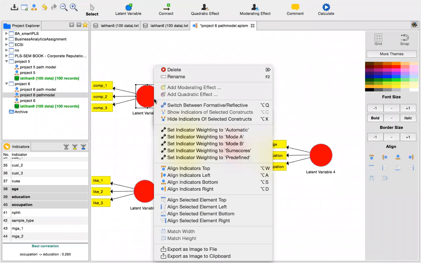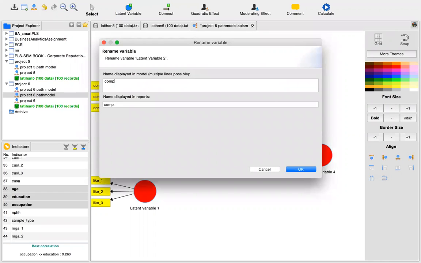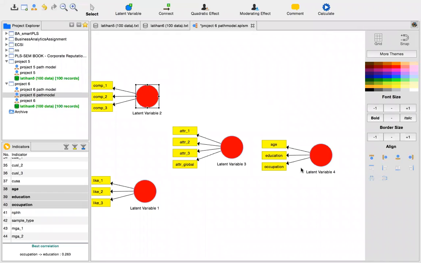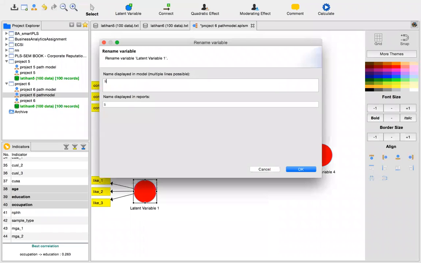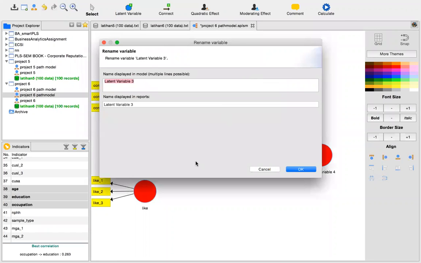Next, I'm going to rename all the variables. This is for company. Attractiveness.